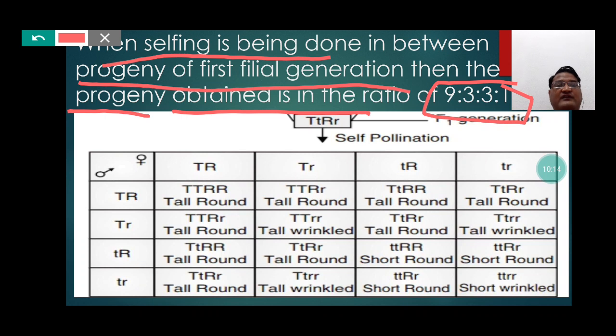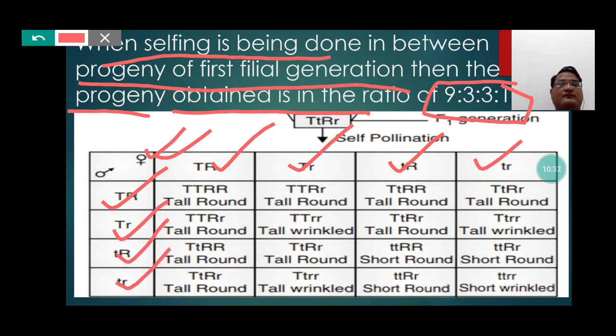So students, these are the gametes or the possibilities of gametes which can be formed by the female. And these are the four possibilities of the gametes which can be formed by the male.